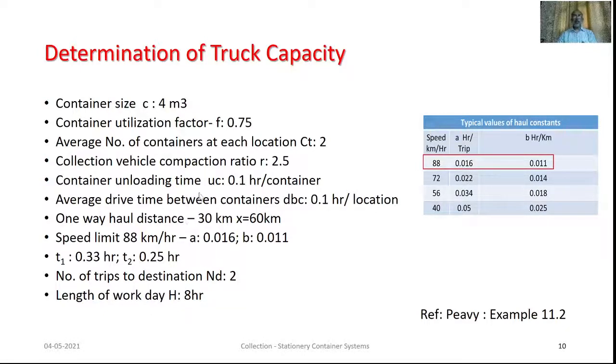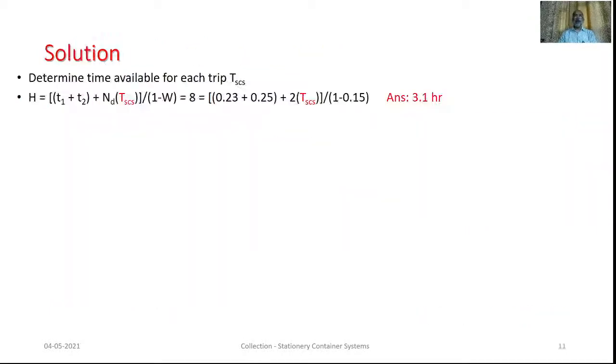For this problem, the speed limit is given to be 88 kilometers per hour, and accordingly A and B can be considered from this table. Various regions may be governing various speed limits, so associated with that we have to work out A and B, and they can be used in order to determine the truck capacity for the collection.